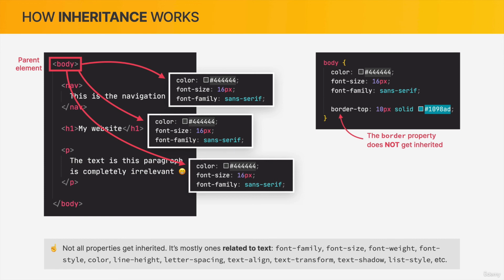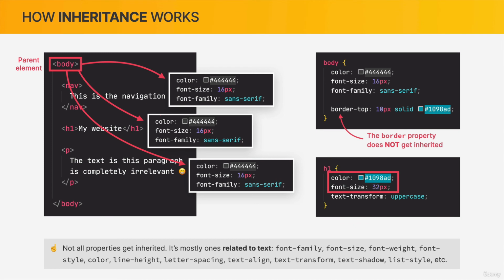But anyway, let's now say that we also have a rule for the h1 element. And so it declares basically a new color and a new font size. So it's bigger and it is blue. And so what happens now is that these two declarations do actually override the inherited styles. Therefore, for the h1, the color is no longer gray and the font size is no longer 16 pixels. But instead, it is now blue and 32 pixels.